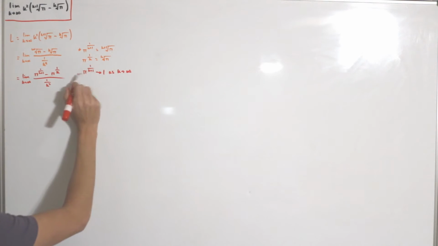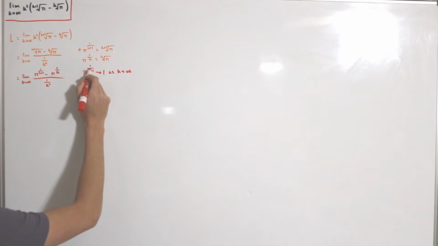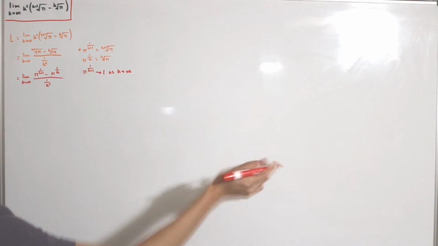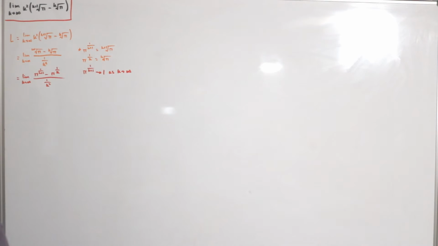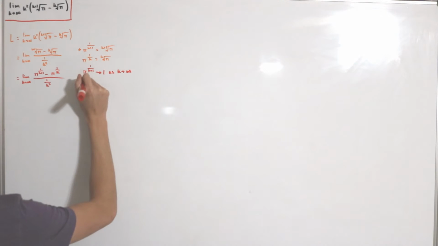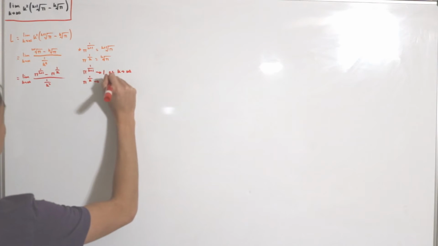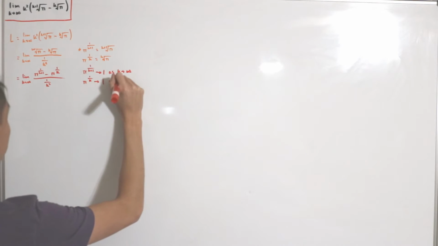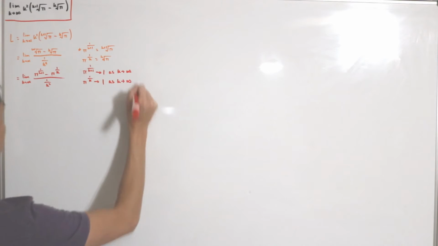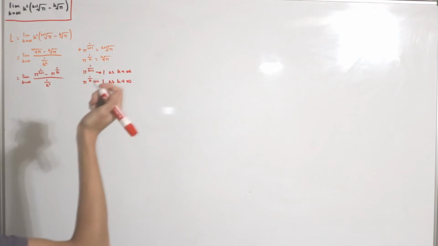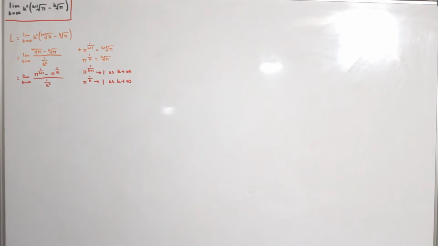This is because 1 over infinity converges to 0, and pi to the 0 power equals 1. The same thing can be said for pi to the power 1 over k: it converges to 1 as k approaches infinity, since 1 over infinity converges to 0, so pi to the power 0 is equal to 1.